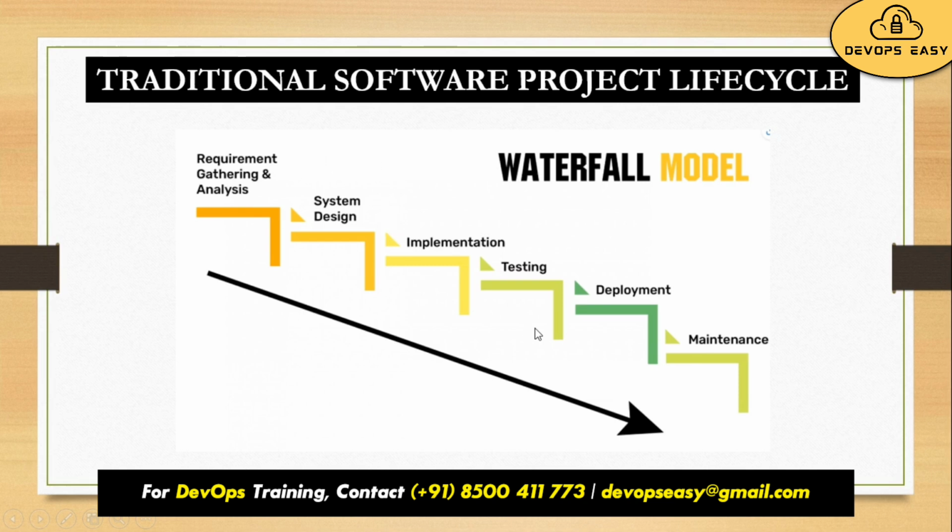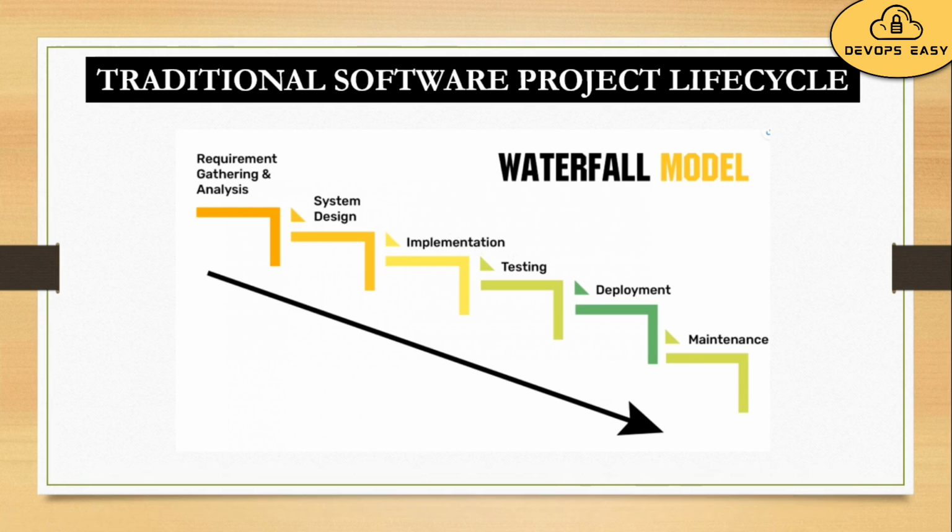While developing the code, the remaining team will just sit and play. They don't work because the testing phase has not started. The development team will work, the testing team will play. Once testing starts, the development team will sit idle and chill. So this process is not good, and it's a disadvantage for the company. For employees it's okay, but at the end companies play a crucial role, right?